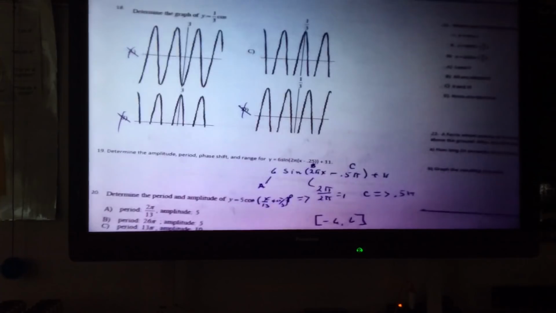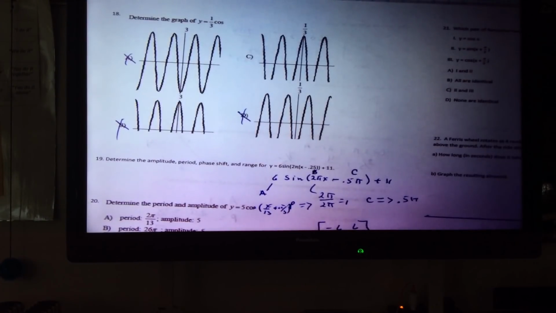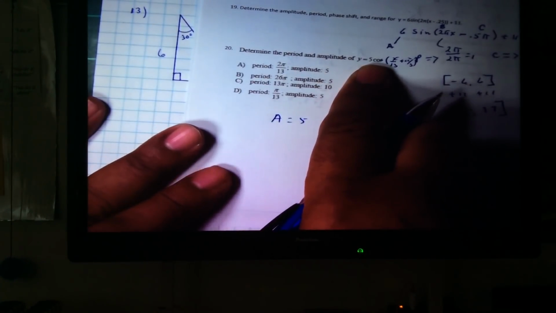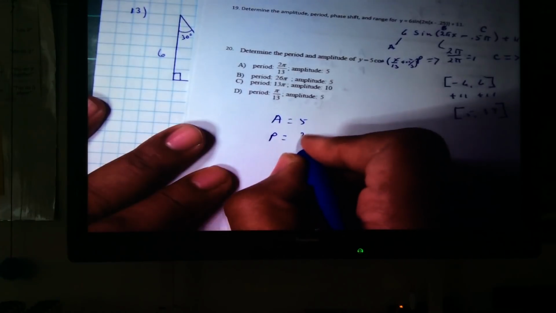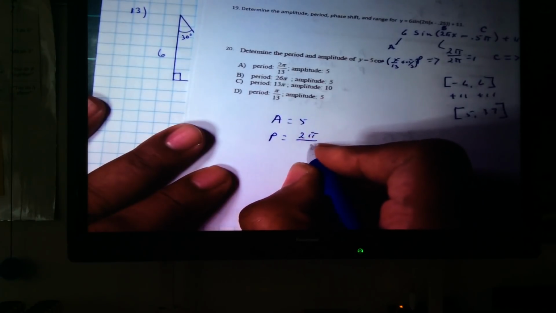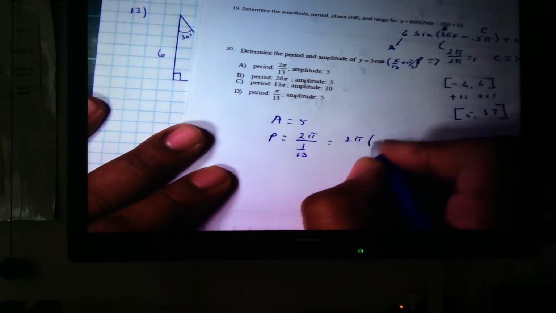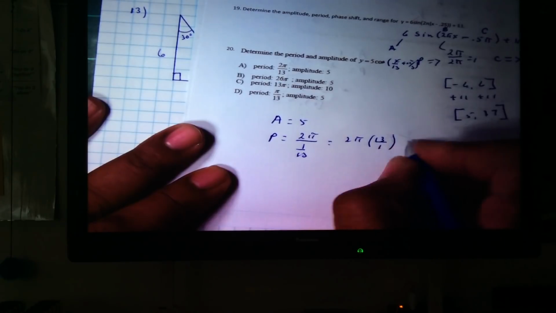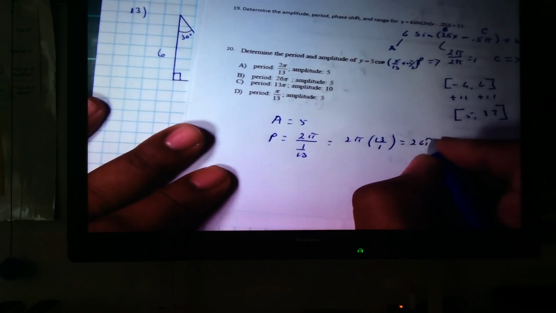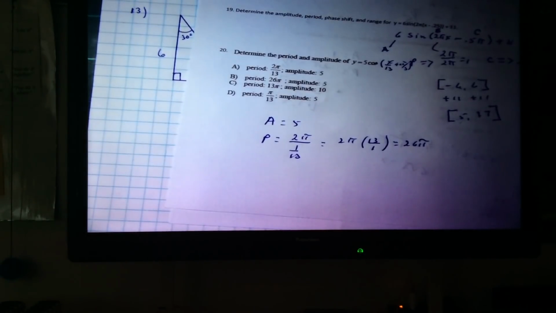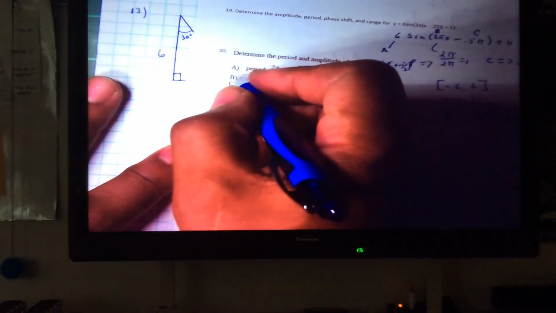Now let's go through and find the amplitude. The amplitude is going to be 5. See why? The period is going to be 2 pi divided by 1 over 13, which is 2 pi times 13 over 1, which is 26 pi. So we're looking for an amplitude of 5 and a period of 26 pi. So that's going to be B.